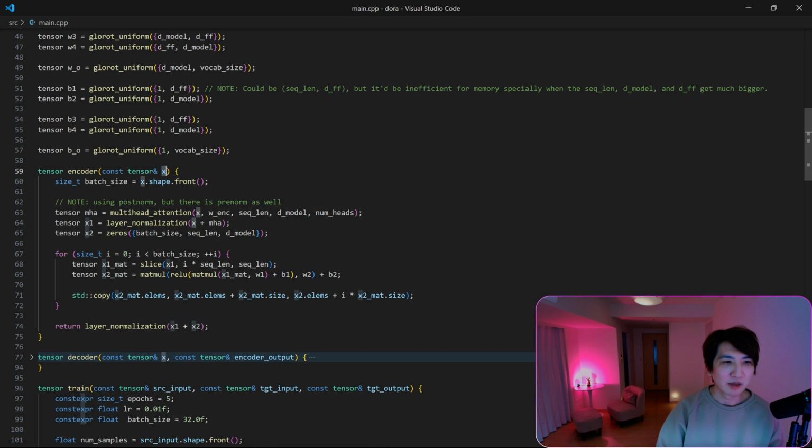So the input has passed to the encoder. I pass that input first to this multi-head attention and also to this normalization layer. So input goes to two locations. And like I said, I add the input to the encoder and the output from multi-head attention, and I normalize it.